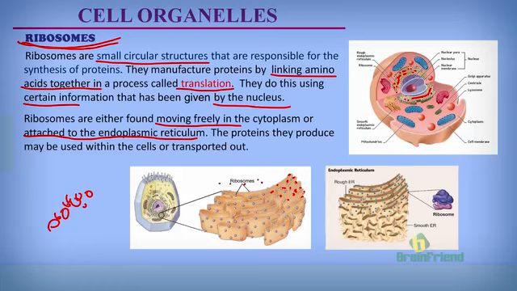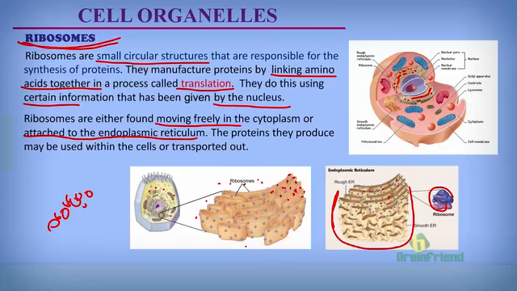Then we can find some free ribosomes moving around in the cytoplasm. The proteins that are manufactured by ribosomes are either used within the cell or they are transported out of the cells. And this is the structure of a ribosome. Remember, the whole of this is the endoplasmic reticulum, and the dots are the ribosomes.